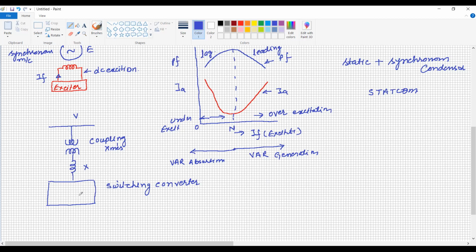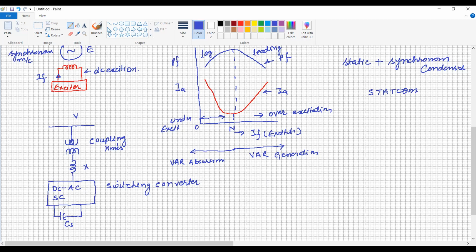It may be a DC to AC switching converter. Generally we are using DC to AC switching converters, and this is one charge capacitor. Therefore it is a DC to AC converter.